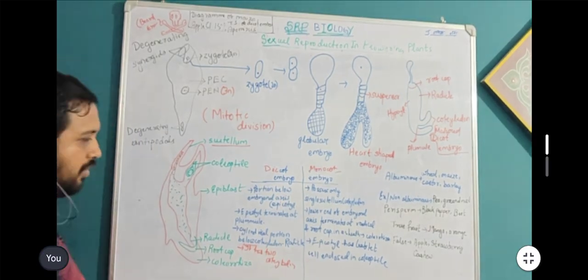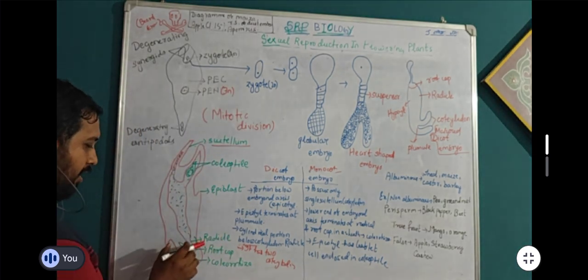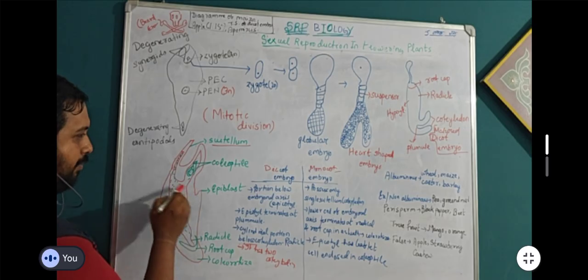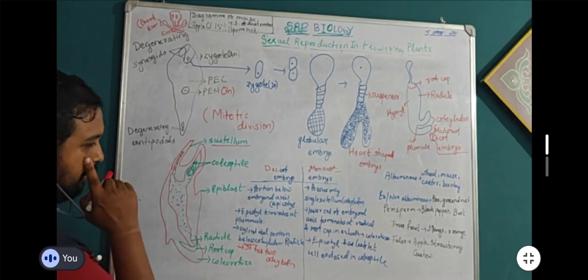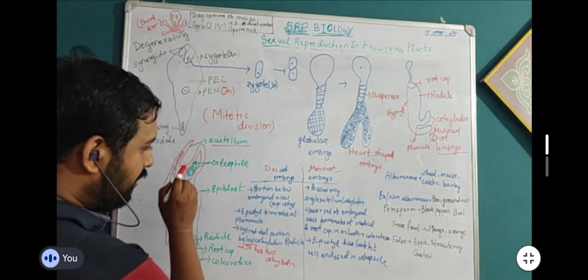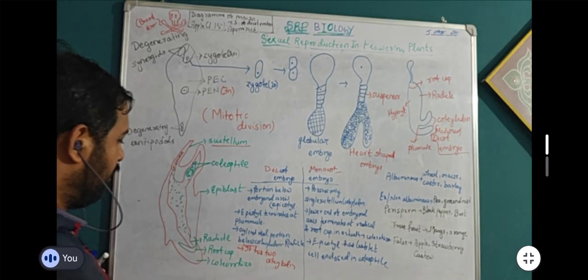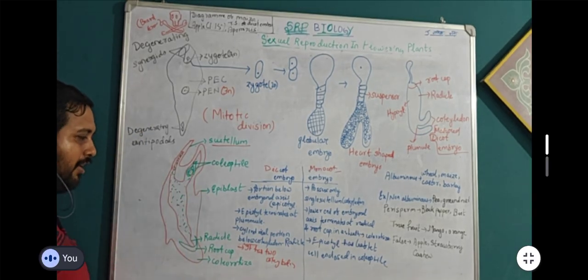Okay, and the last part is the epicotyl, which has leaflet-like structures. Here the radicle has root cells. Similarly, here the epicotyl has leaflet-like structures, this one. And that leaflet-like structure is enclosed within the coleoptile. So we can also call it a plumule-like structure.